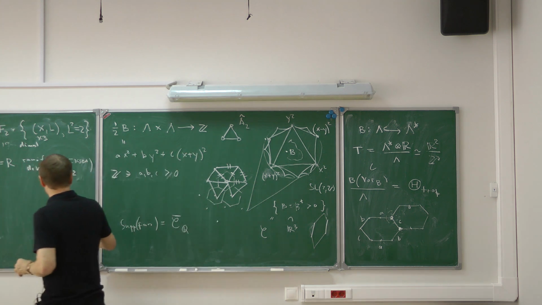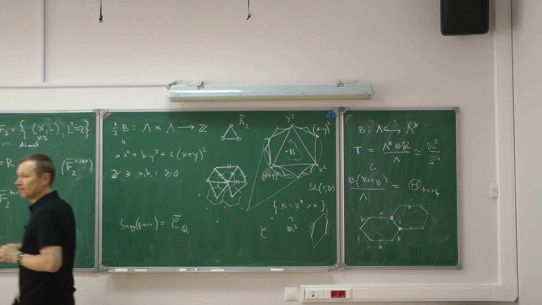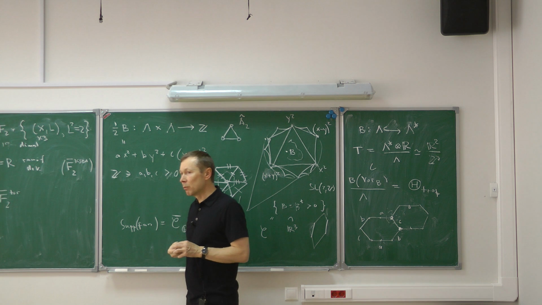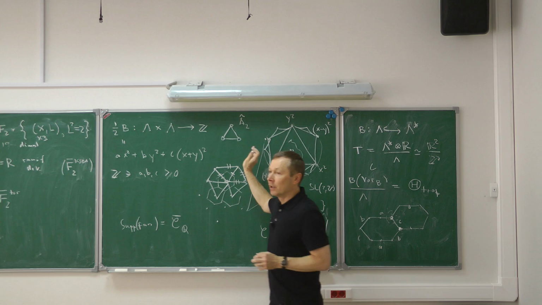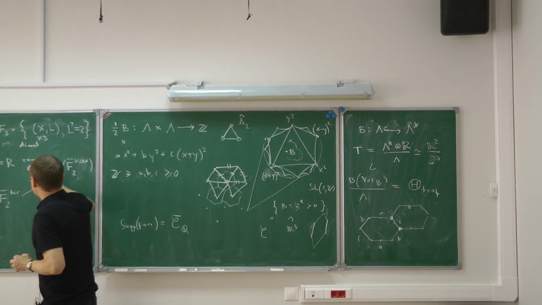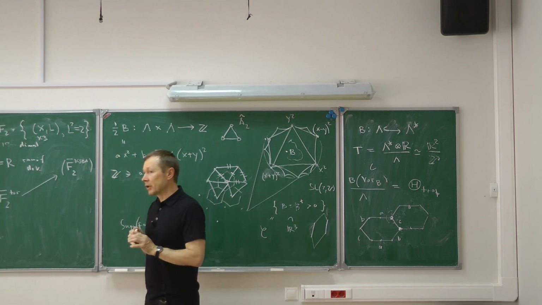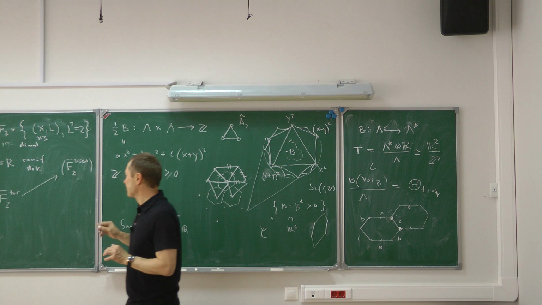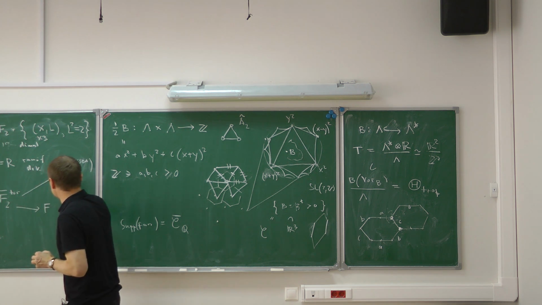And so the statement is that there is a toroidal compactification, which I will describe. It will correspond to a Coxeter diagram like this. And there is a map. This map has some positive dimensional fibers somewhere, but its Stein factorization looks like this.